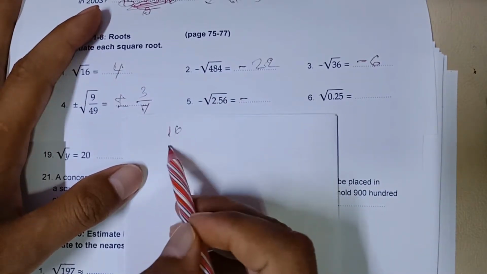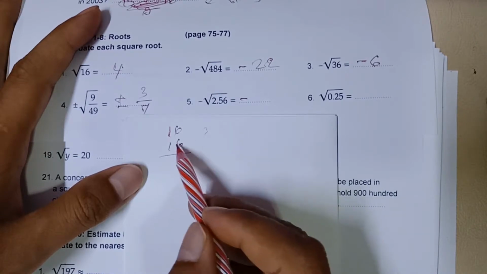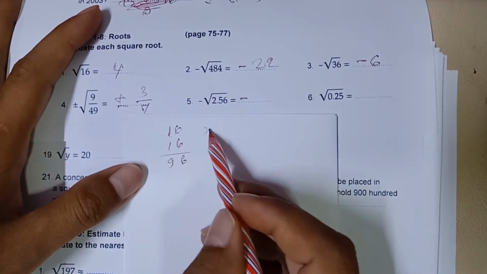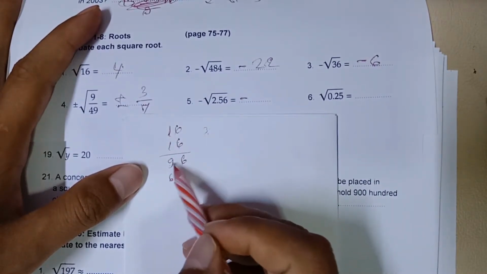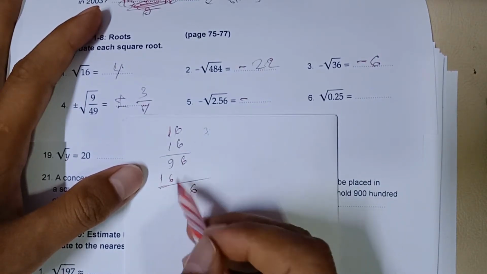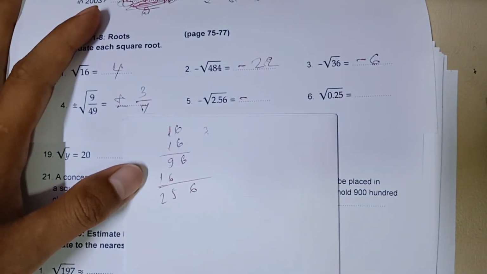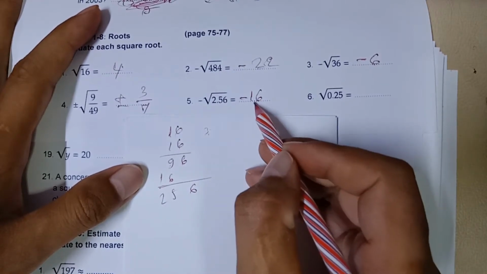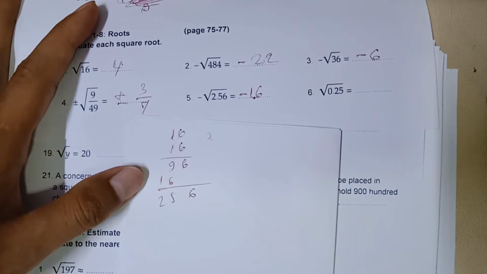I think 16. Try 16 with 16, because 6 times 6 is 36. 3, 6 times 1 is 6, plus 3 is 9. Then 6, 5, and 2. Okay, so 16. But since it is a decimal place, so 1.16. See, as simple as that.